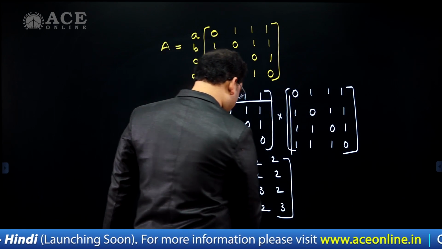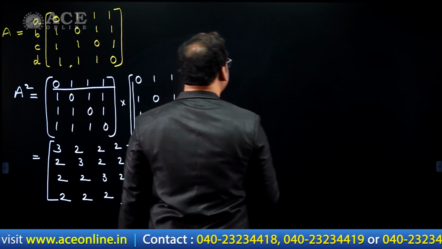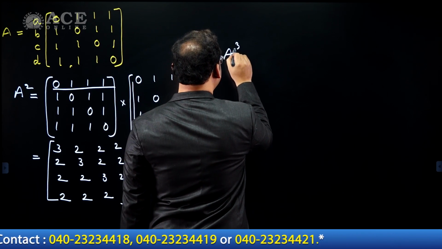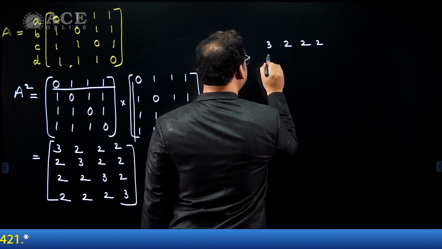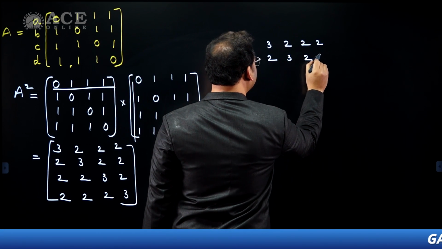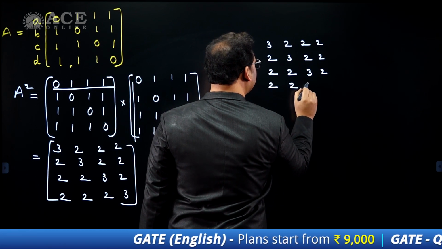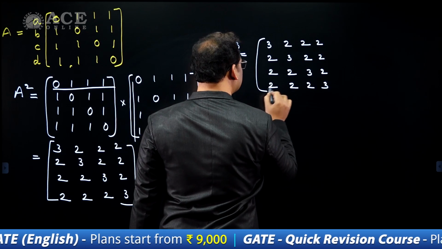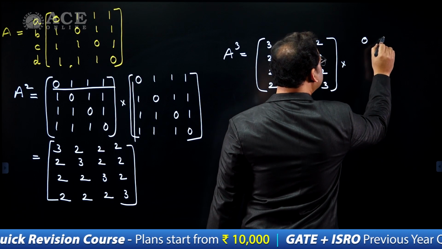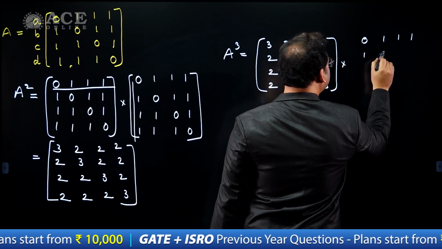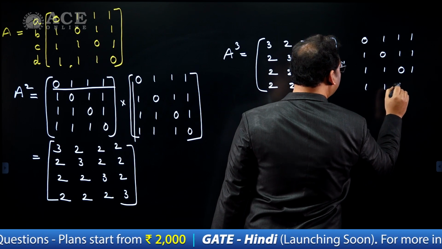After getting A square, I should think about what we call A cube, my dear. Yes, sir. Let us take A cube here. A cube is, we have A square as 3, 2, 2, 2; 2, 3, 2, 2; 2, 2, 3, 2; 2, 2, 2, 3, right? A square into A, I want to take. I have A like 0, 1, 1, 1; 1, 0, 1, 1; 1, 1, 0, 1; 1, 1, 1, 0.